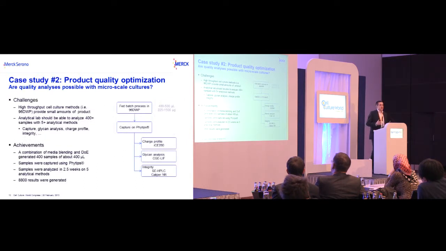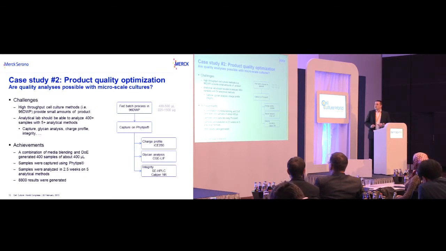What are the challenges with high throughput cell culture methods and quality analysis? Usually, you obtain a really low amount of product in 96 deepwell plate. It's about 300 micrograms, sometimes 1.5 milligrams, but it's quite low. So if you want to do quality analysis, you usually need a huge amount of product.